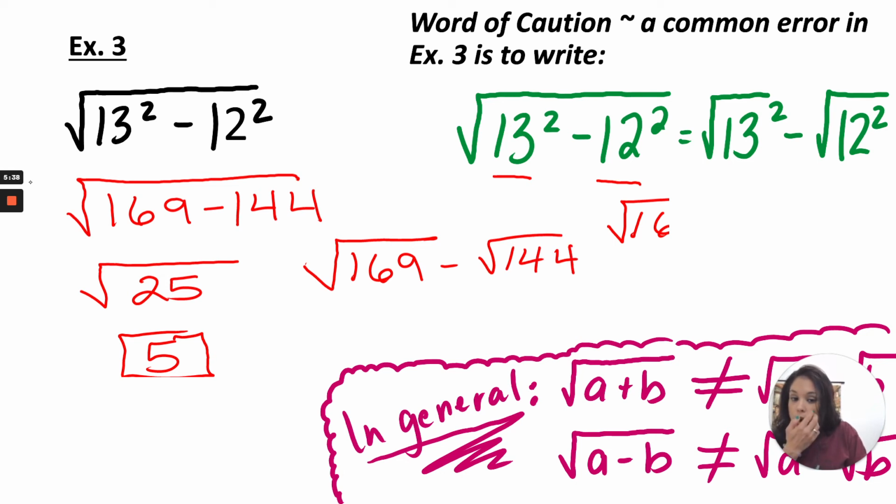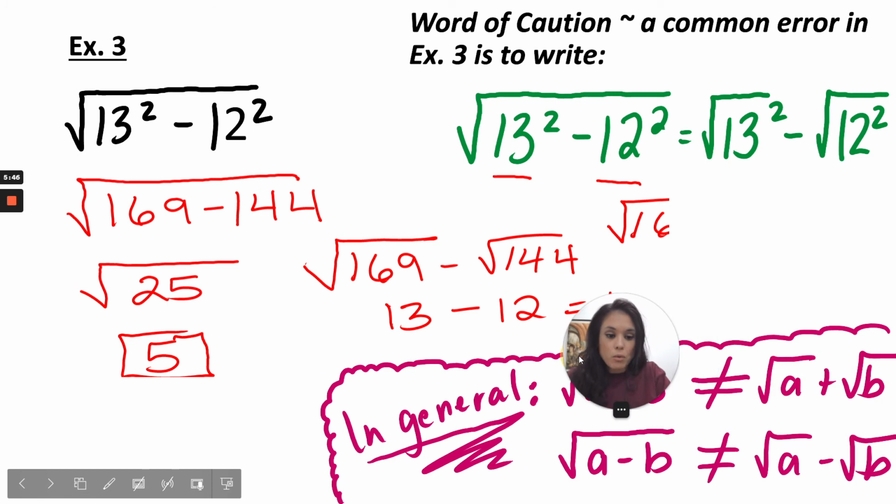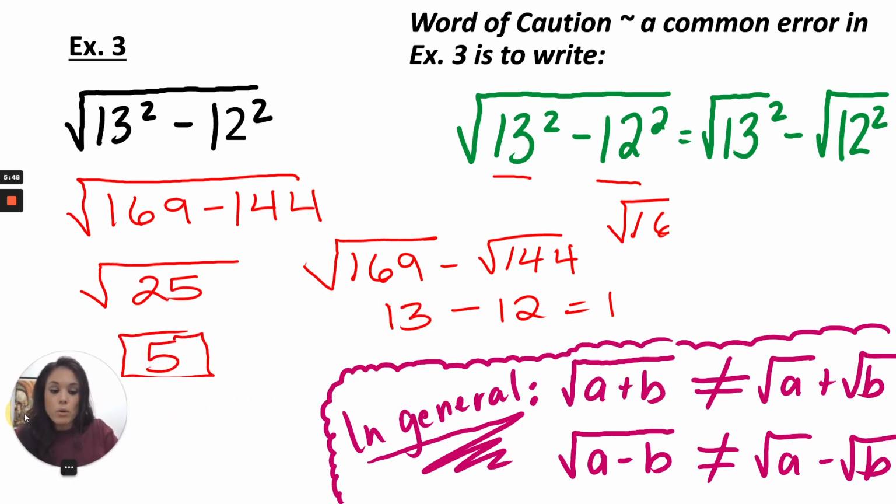So this would become 13 minus 12, which equals 1. And this isn't the same thing. So in general, the square root of a plus b does not equal the square root of a plus the square root of b. And the same, the square root of a minus b is not the same thing as the square root of a minus the square root of b.